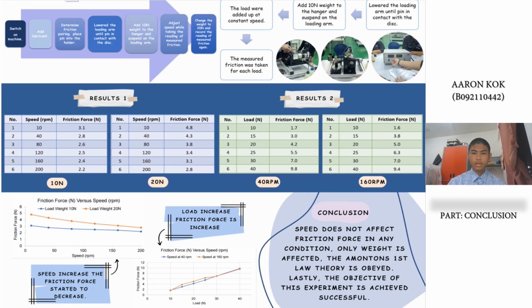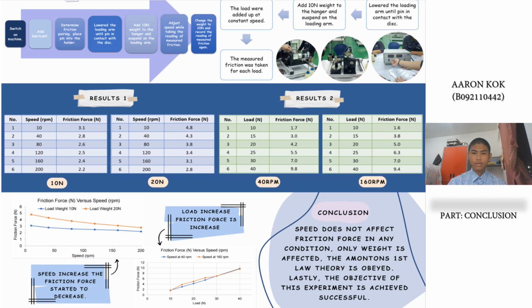Apart from that, in experiment 2, students used only 40 RPM and 160 RPM speed as a manipulation throughout 5 samples of weight as a load, which are 15, 20, 25, 30, and 40. On average, the result records constant for both data. It increases when load is increased.